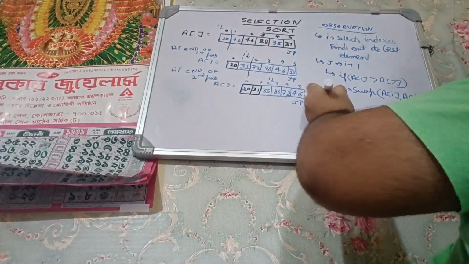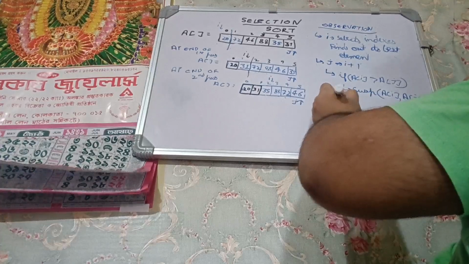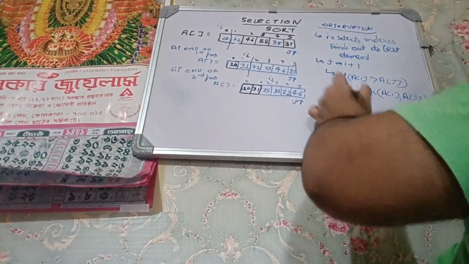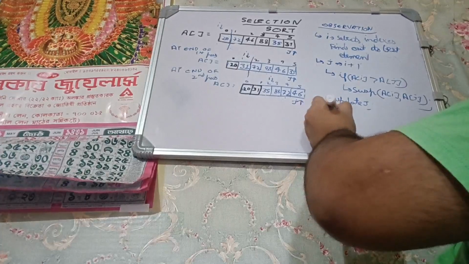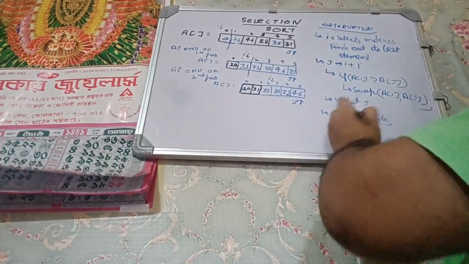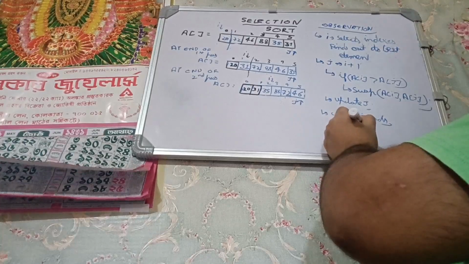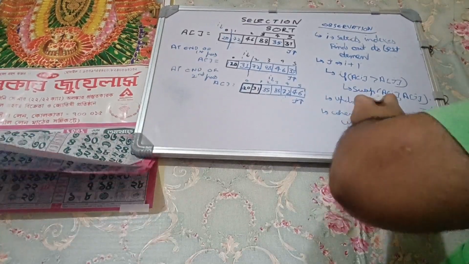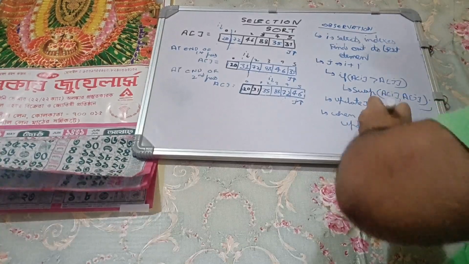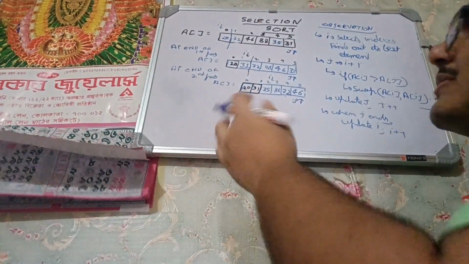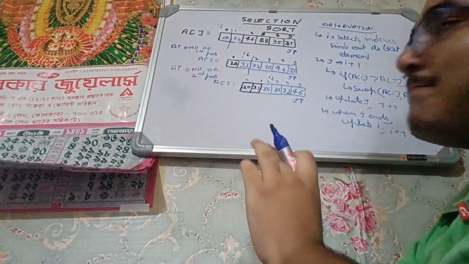And also third is update J. Okay, update J. And obviously when J ends, update I. Okay, that is J plus plus and I plus plus. So this is the end of second pass, right?